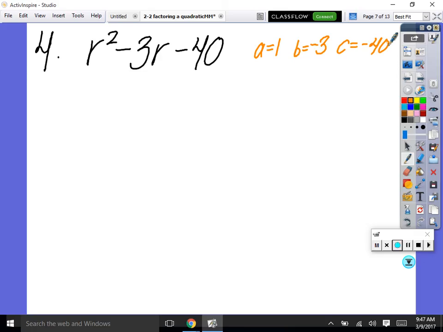So then to this step, what multiplies to be A times C and adds up to be B? So 1 times negative 40 is negative 40. B is negative 3. Now, once again, I'm not allowing you to just do it in your head. List out all the factors of 40.